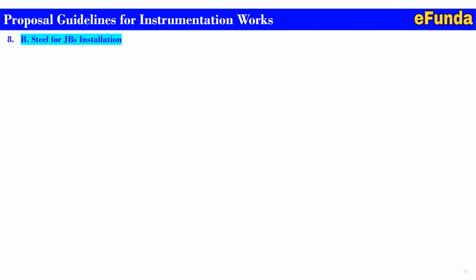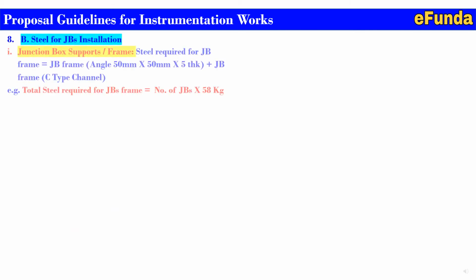8B, steel for JB installation. First, junction box support or frame. The steel required for the junction box frame is equal to the JB frame, that is an angle mounted, angle of 50 by 50 and 5 mm thick, plus the JB frame that is a C type.